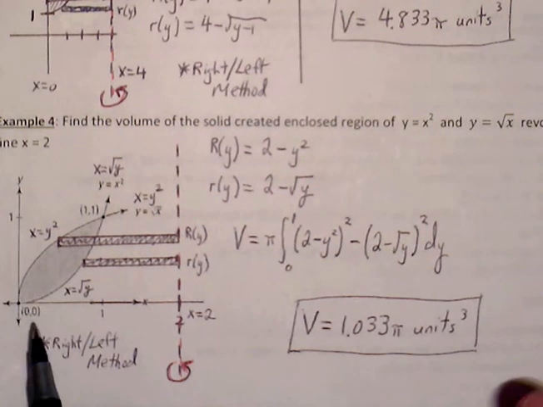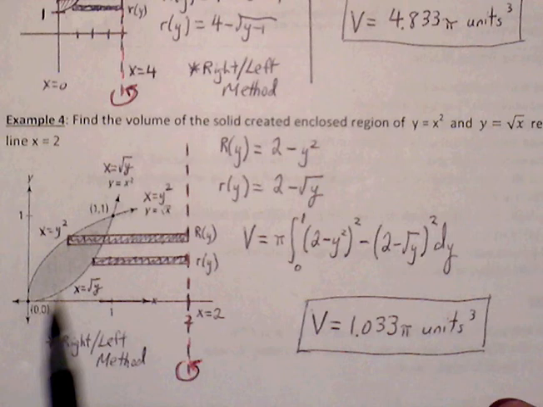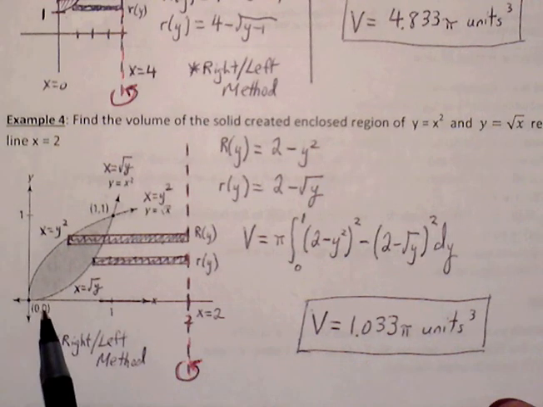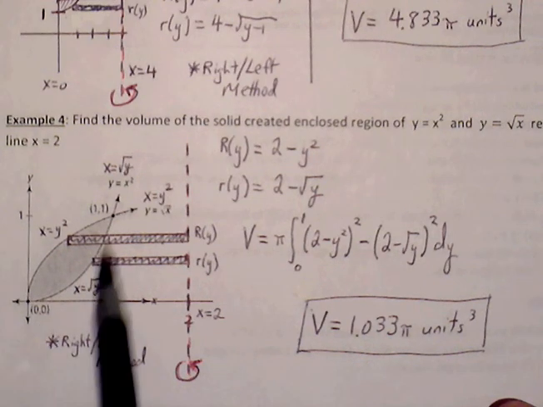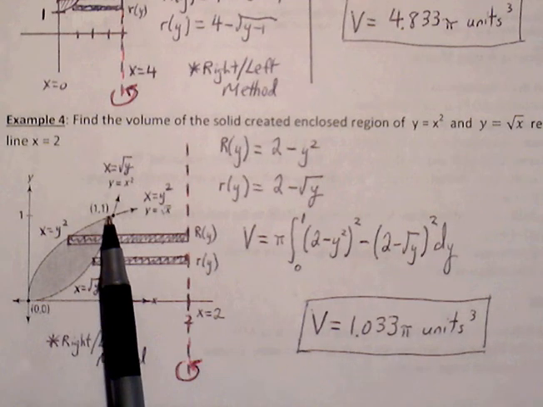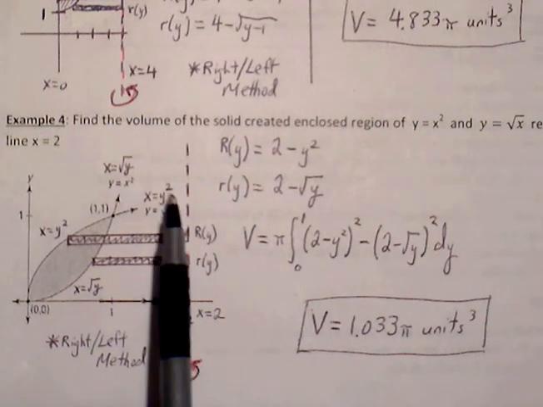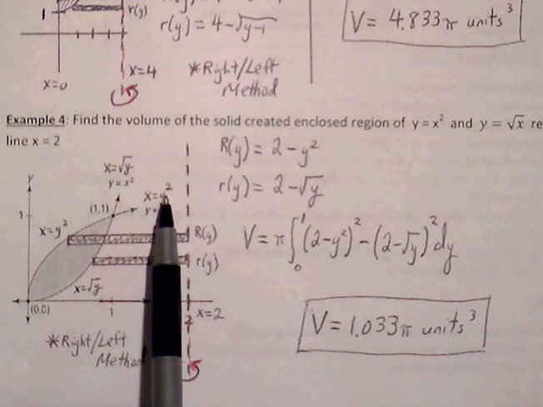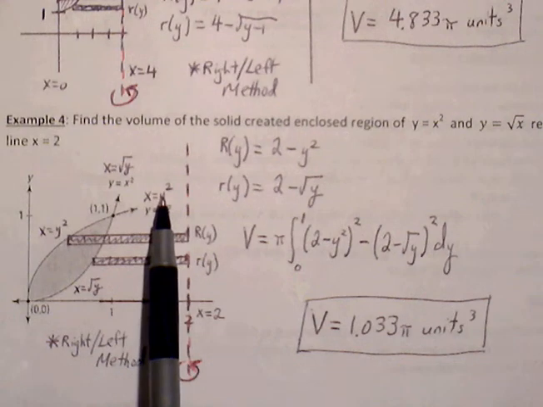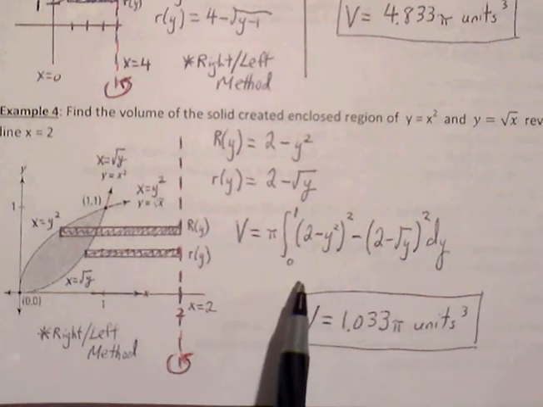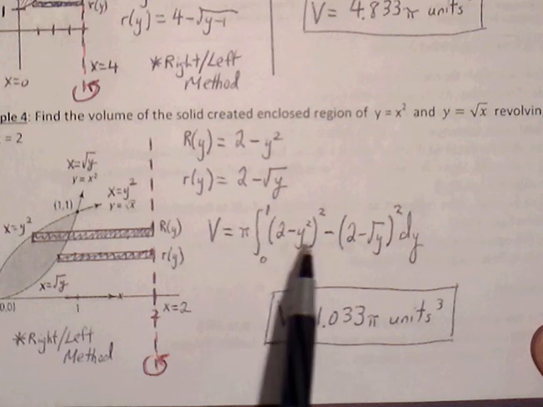And this graph already tells us the bounds, because we see the lowest y value being 0, the highest y value being 1. However, if this is not given to you, we would have to set these two equations equal to each other, set root y equal to y squared, and if we solve for y, we're going to get 0 and 1. So with bounds 0 and 1, we simply plug into our formula, big R squared minus little r squared.